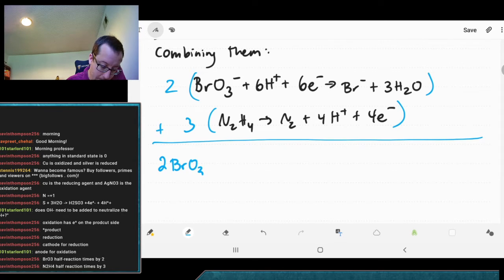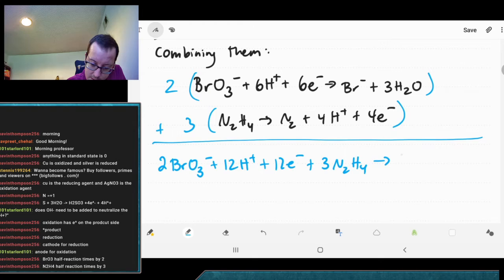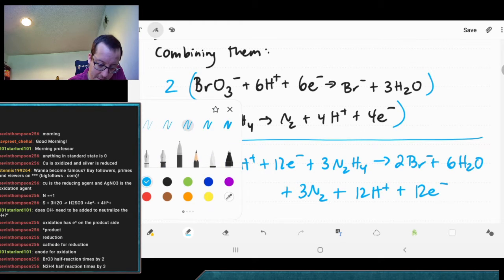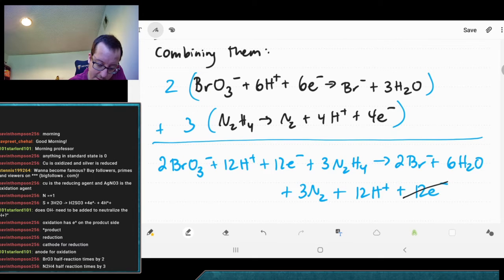2 bromates plus 12 hydrogens plus 12 electrons plus 3 hydrazines turns into 2 bromides plus 6 waters plus 3 nitrogens plus 12 hydrogens plus 12 electrons. And now we see here, okay, the electrons should cancel. That's the big thing here. Indeed, our H pluses will cancel out.